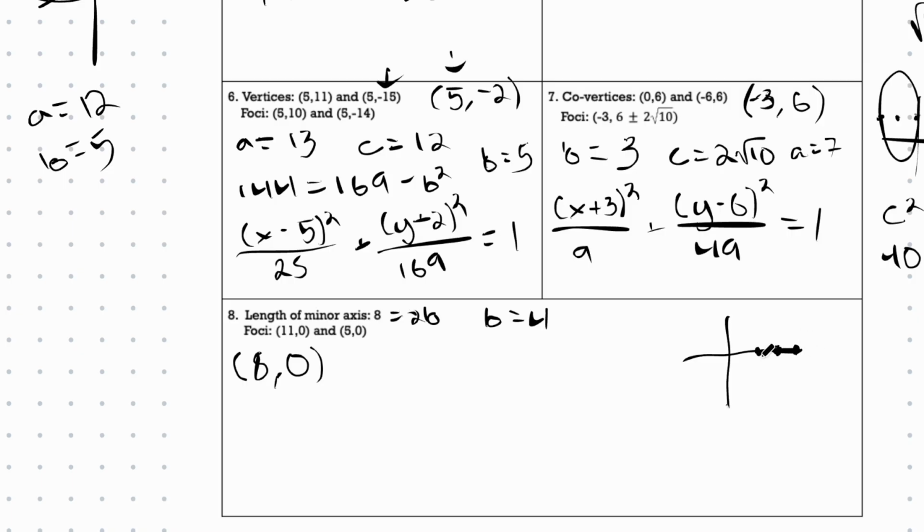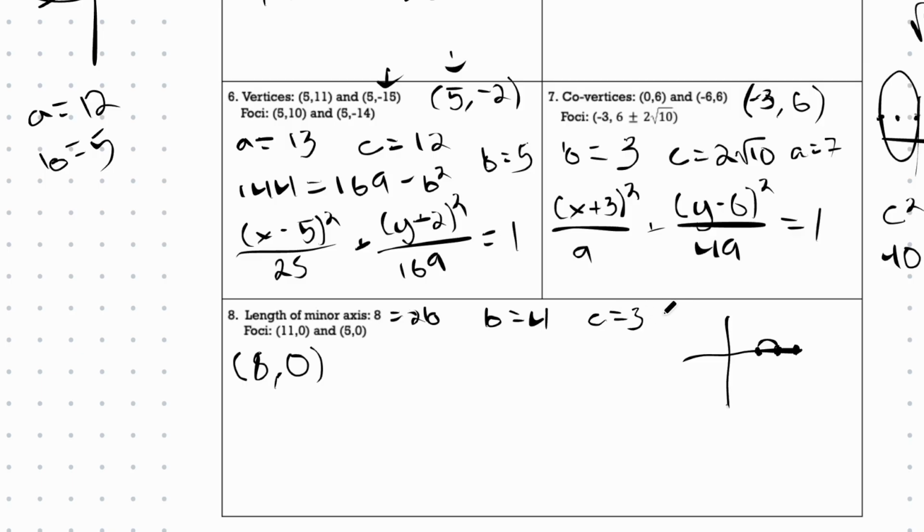And right, our foci are always going to be along our major axis, which obviously in this case it's running horizontally. So that means our a value is going to be under our x term. So our c value is just going to be this length from 8, 0 to 11, 0, or 8, 0 to 5, 0, which obviously is just going to be 3.